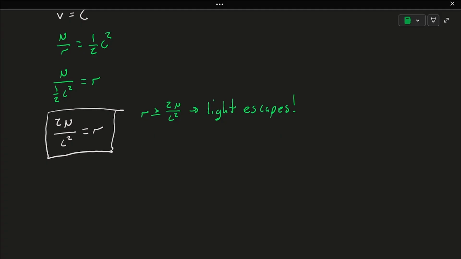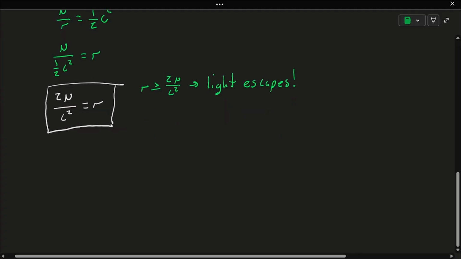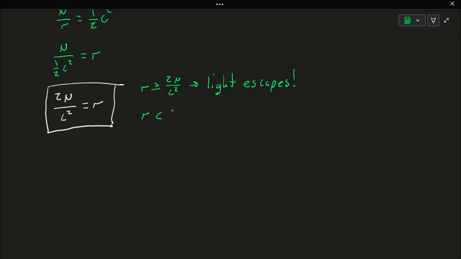And then we can see it, because it has escaped the gravitational pull. Now, if r is less than 2 mu divided by c squared, light does not escape.